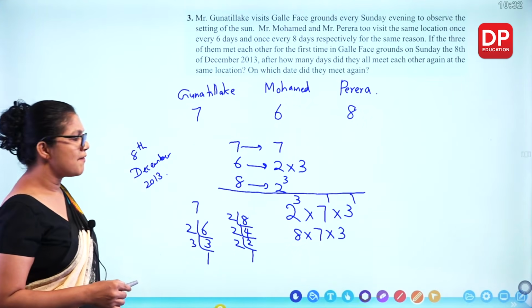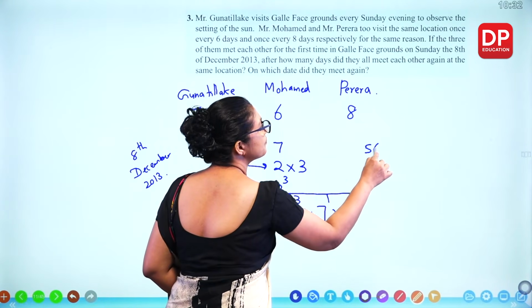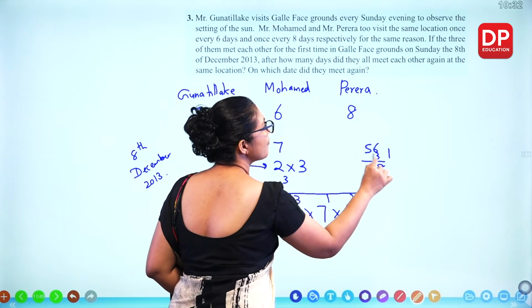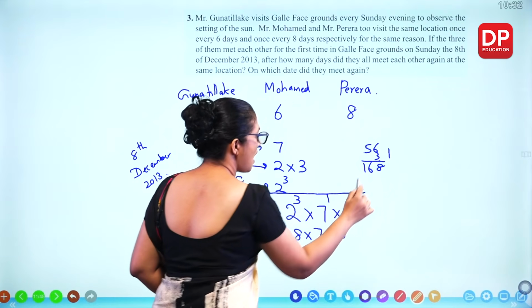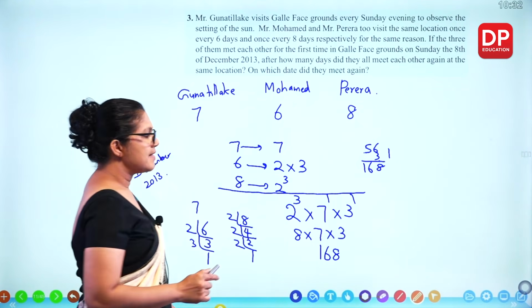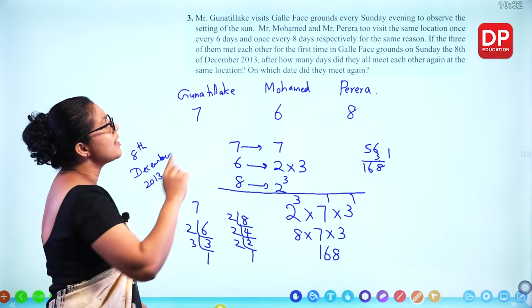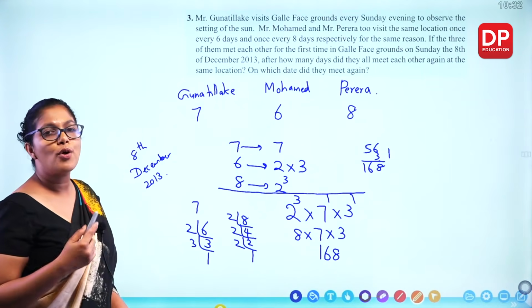So 8 times 7, 56. 56 times 3, 168. So that means after 168 days, all three are coming to the same location.